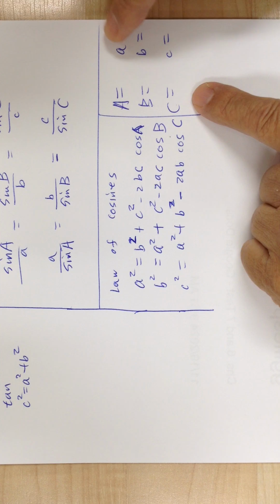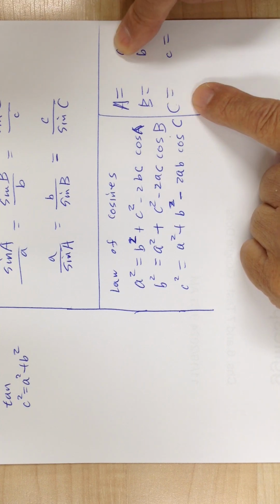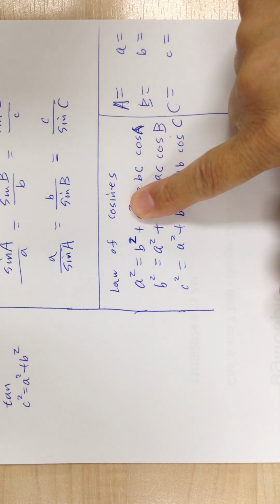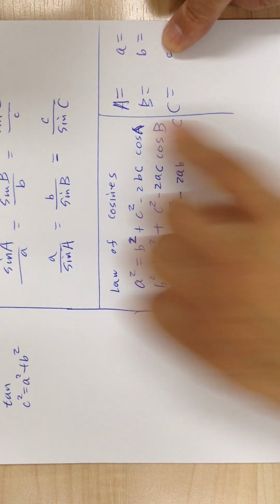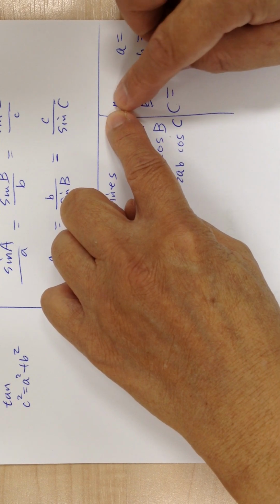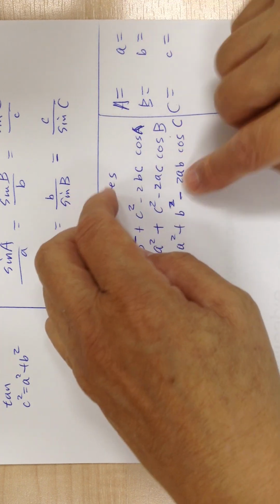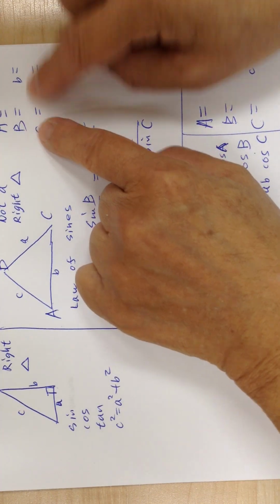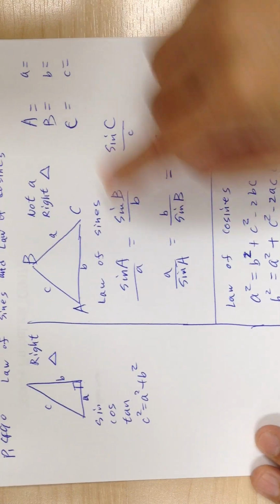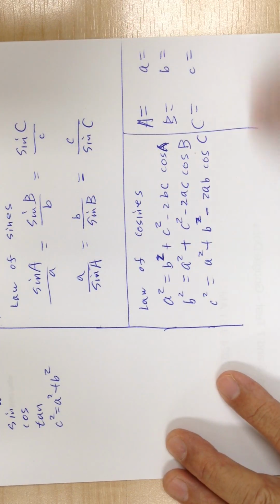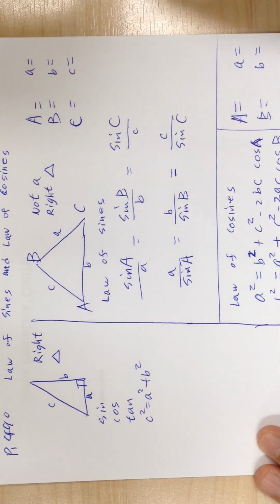So if the three letters are all different, use the law of cosine, okay? For example, if you got B, C, and angle A, so A, B, C, all three letters are different, then you use the law of cosine. Whereas over here, if you have two of the same letter, use the law of sine, okay? And so that is the law of sine and cosine.